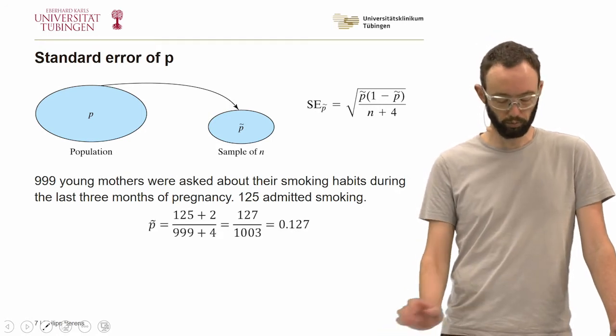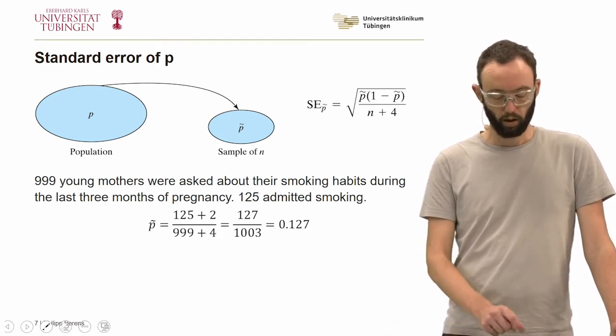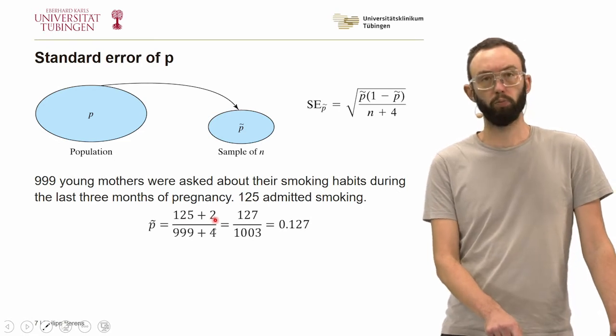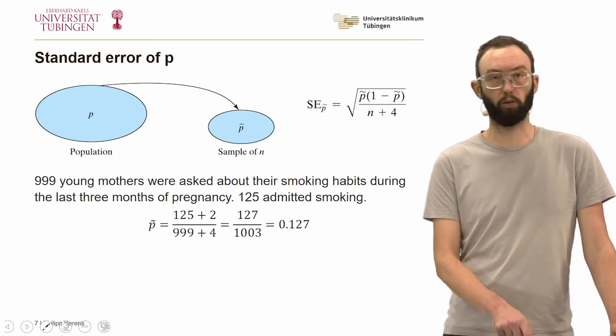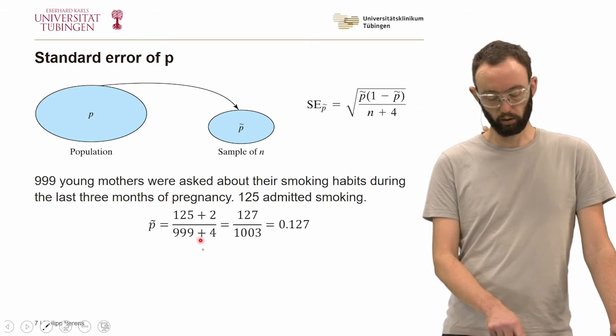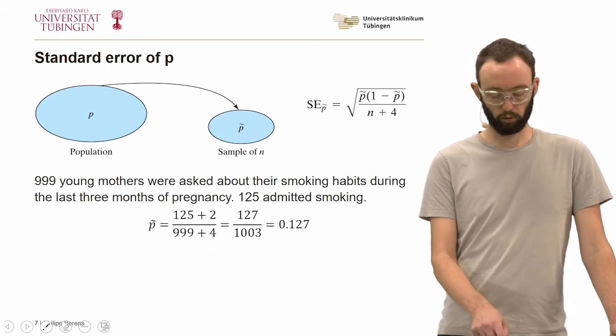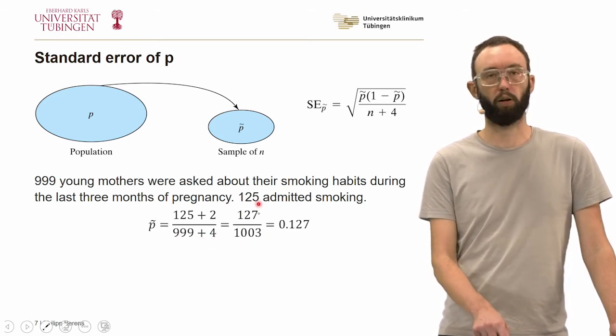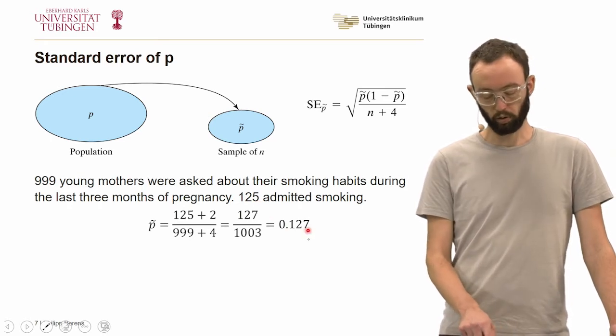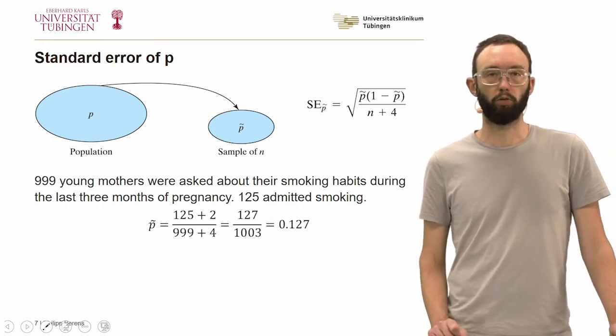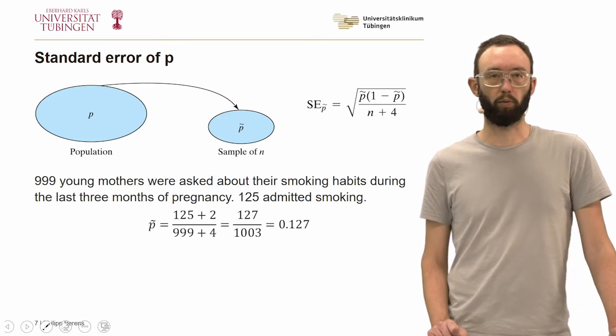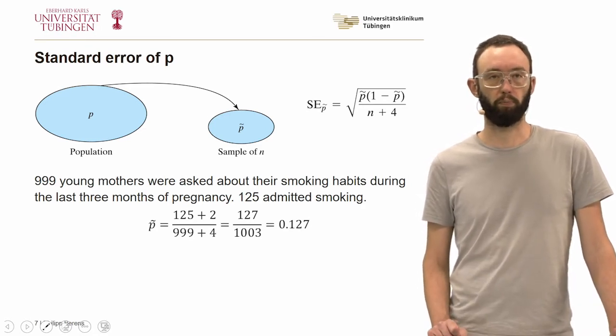So what we compute is our p tilde: 125, we add 2 to get our regularized estimate, and 999 plus 4, so we divide 127 by 1003 and get an estimate of the population proportion of 12.7%, or 0.127.